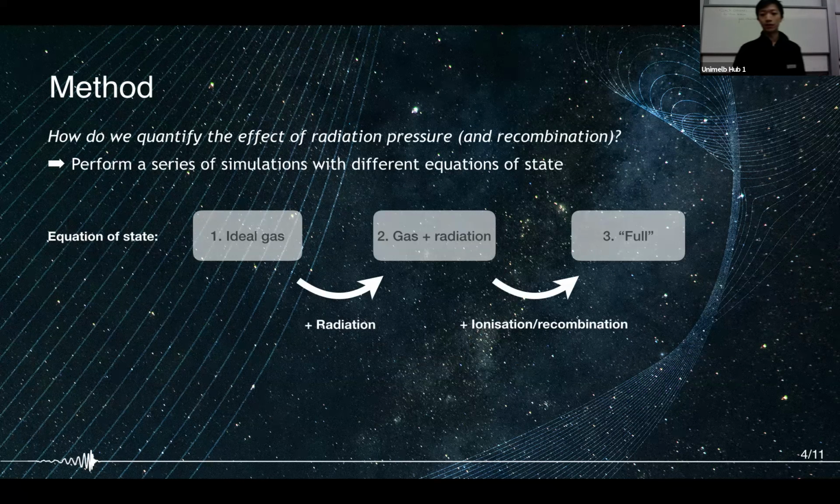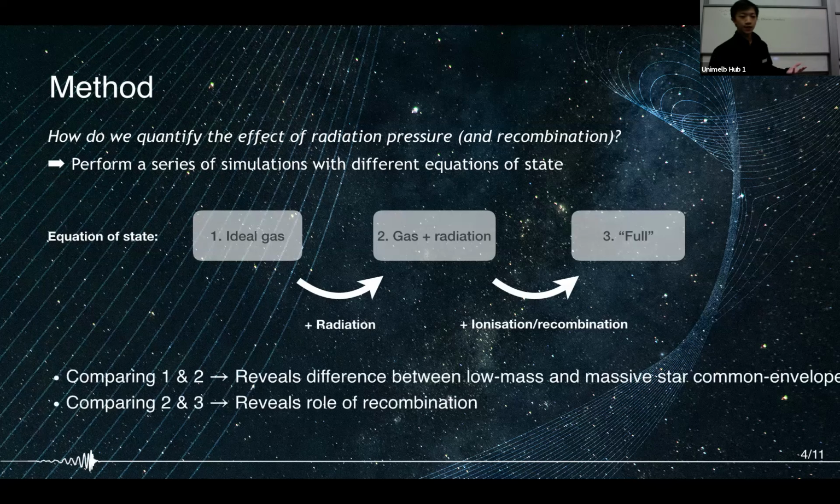And the third one, a full equation of state that adds in both gas and the effects of ionization and recombination. So the idea is that if we compare 1 and 2, that would reveal the difference between a low mass and a massive star common envelope, namely the effects of radiation. And if we compare 2 and 3, that would reveal the role of recombination itself.